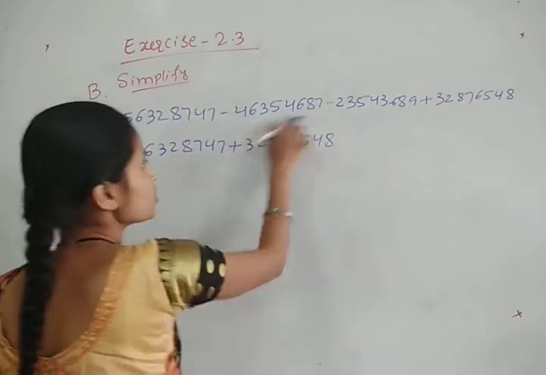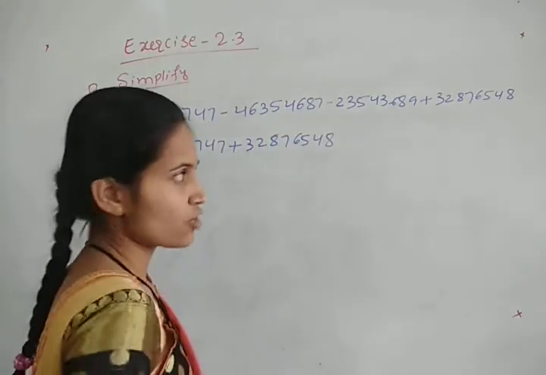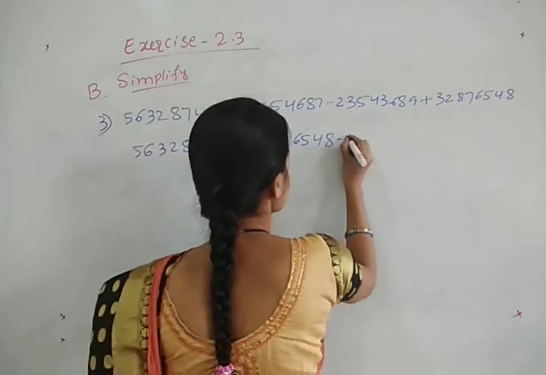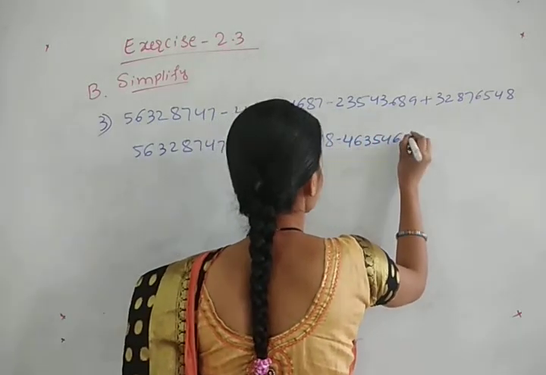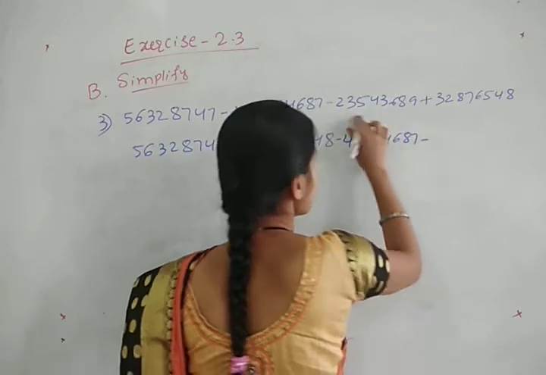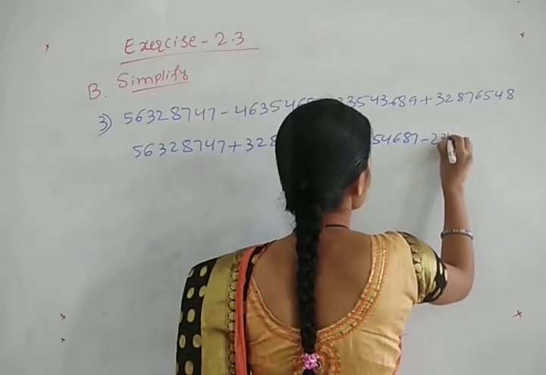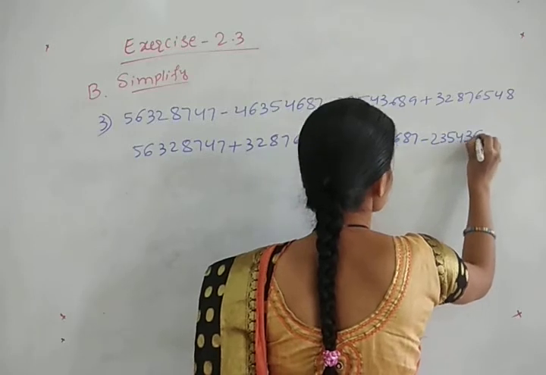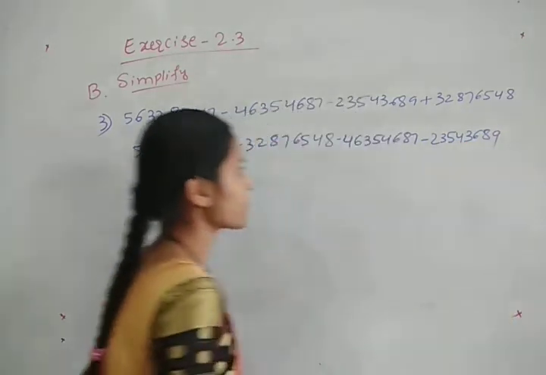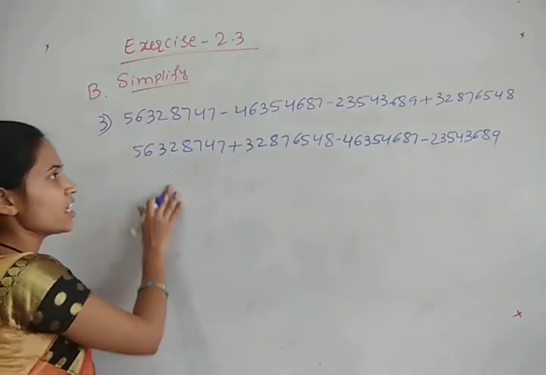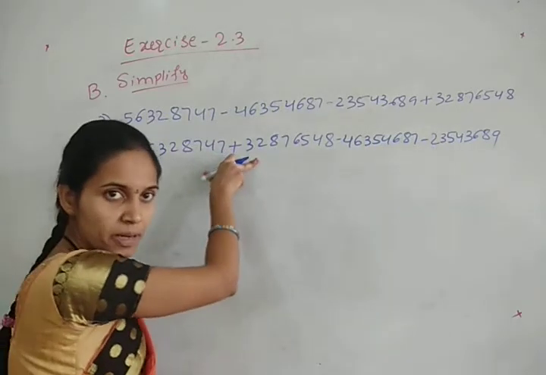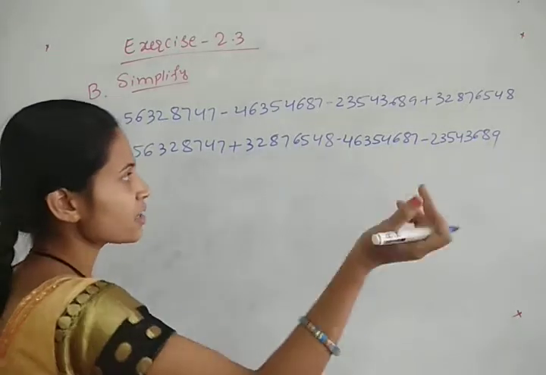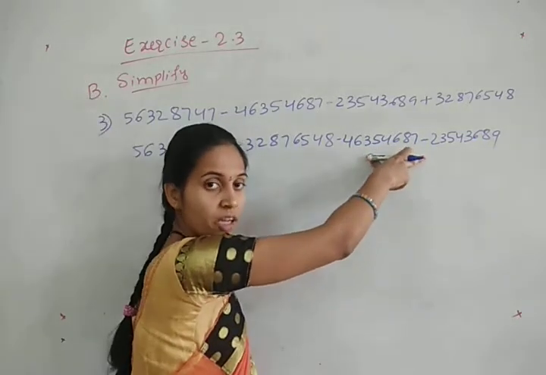Okay, now write these 2 numbers which are having the minus symbol on one side. You can see here 4635 4687 minus 2354 3689. Now in the next step we will add these 2 numbers which are having the plus symbol, and then I will add these 2 numbers which are with the minus symbol.